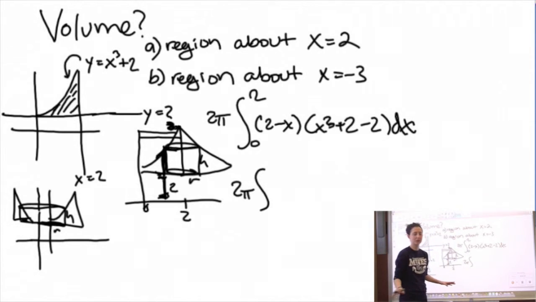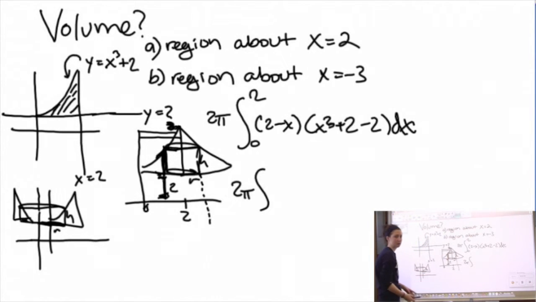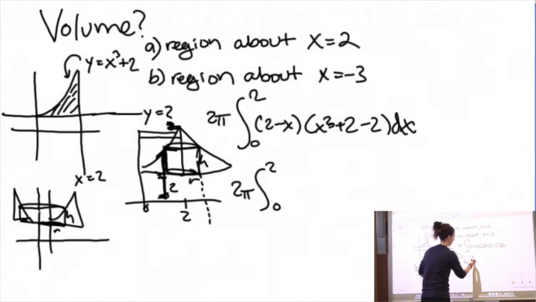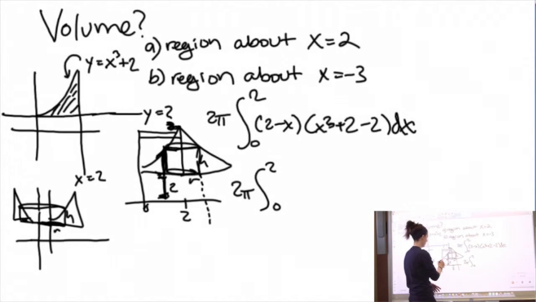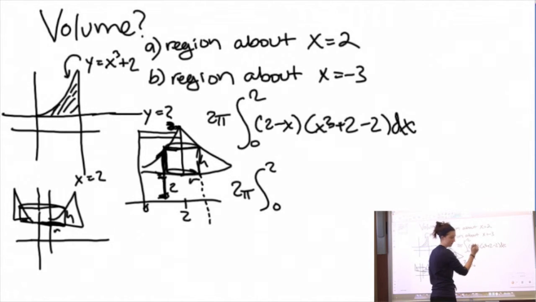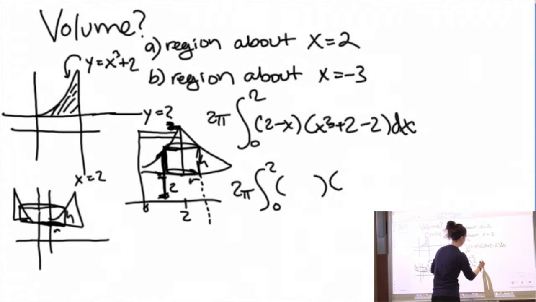And we're still in terms of x's, right? Because a good way to see that is wherever your height, whatever axis it crosses, we're going to do it in those terms. That's an easy way to remember it. It's never going to fail you. So it's going to be 0 to 2 again, for the same reason as last time. The radius is going to be something we don't know yet, and then the height is going to be the same thing as last time.